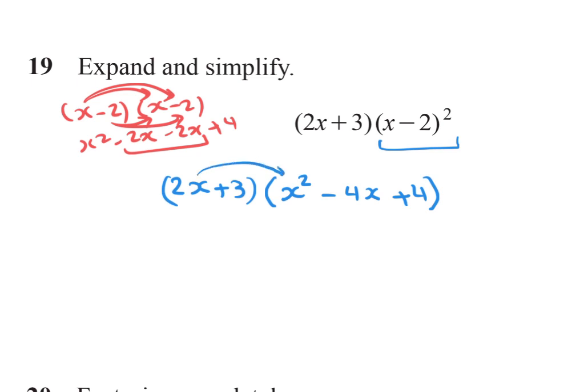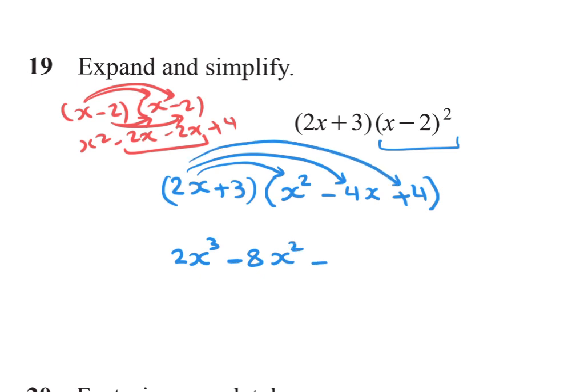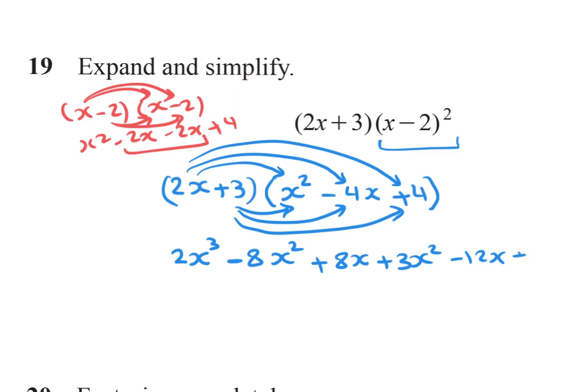2x times x squared equals 2x to the power 3. 2x times negative 4, 2 times negative 4 is negative 8, x times x equals x squared, so negative 8x squared. 2x times 4, 8x. By the same way, 3 times x squared, 3x squared. 3 times negative 4, negative 12x. 3 times 4 equals 12.